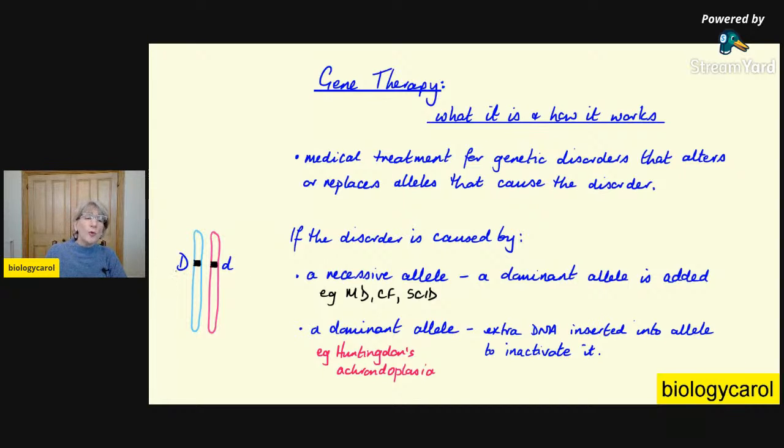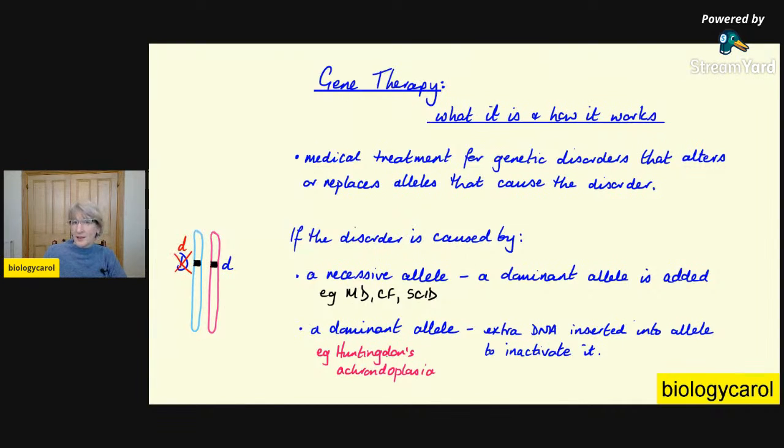In other words, you're almost changing the dominant allele into a recessive allele, because the functioning protein cannot be made because there's this extra bit of DNA inside the allele.